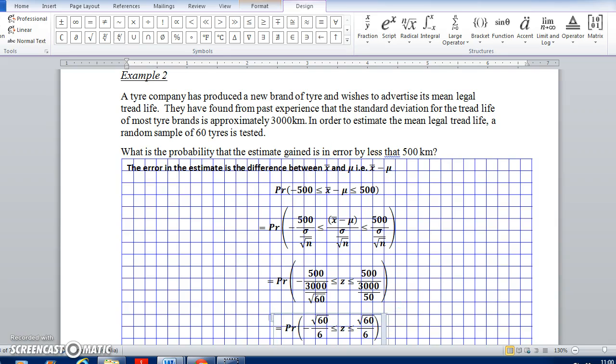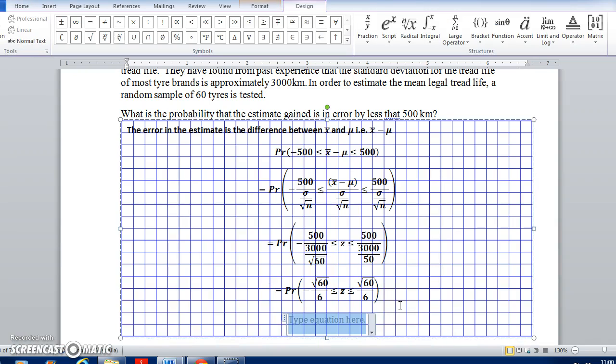And then we can just go and use the NCD function as we saw last week. So our lower value is minus the square root of 60 on 6. Our upper value is the square root of 60 on 6.